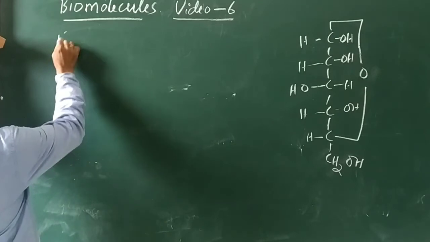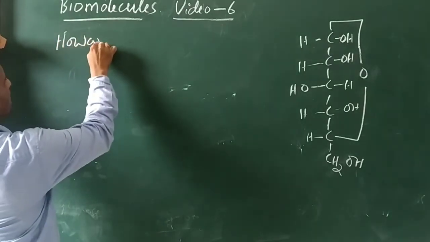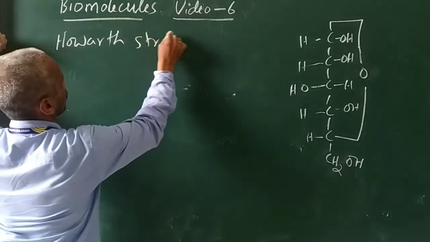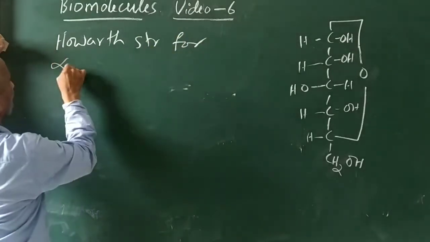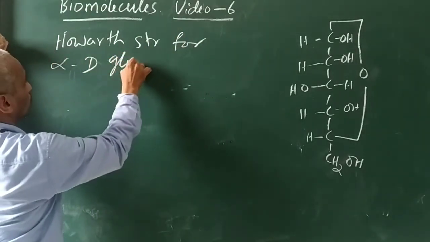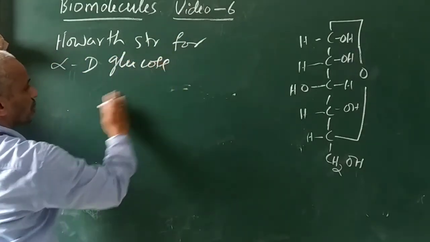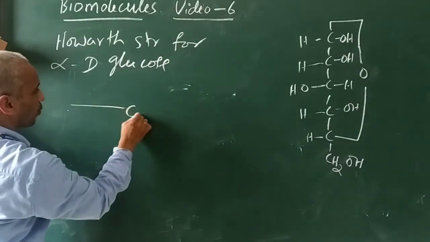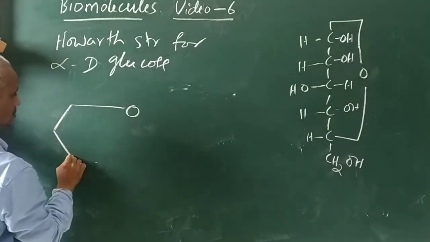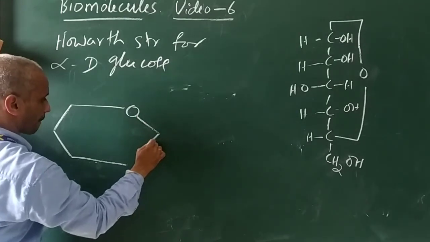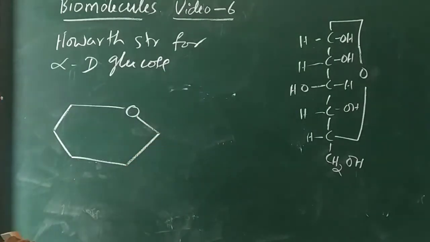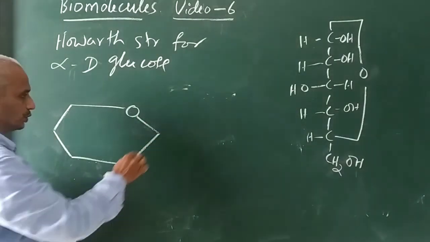For the Haworth structure of alpha D glucose, first write down the 6-member ring with O. Then show the bonds.